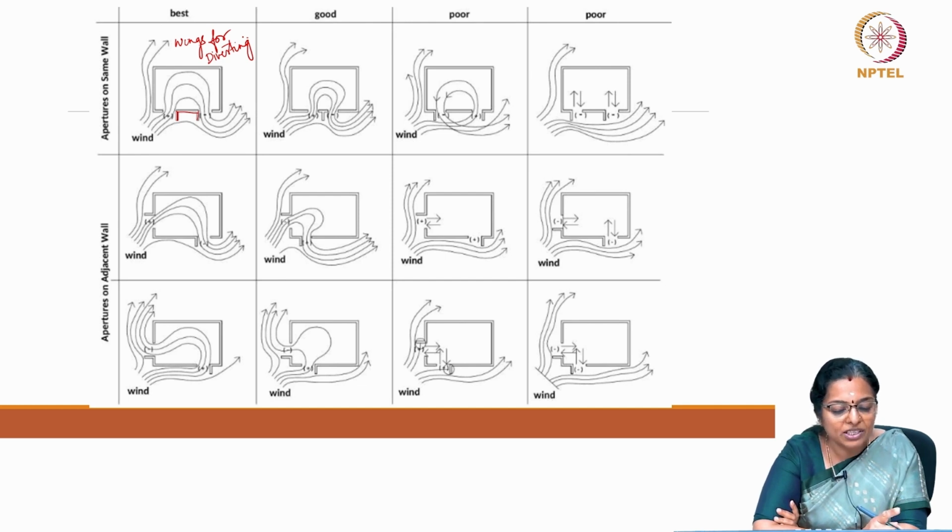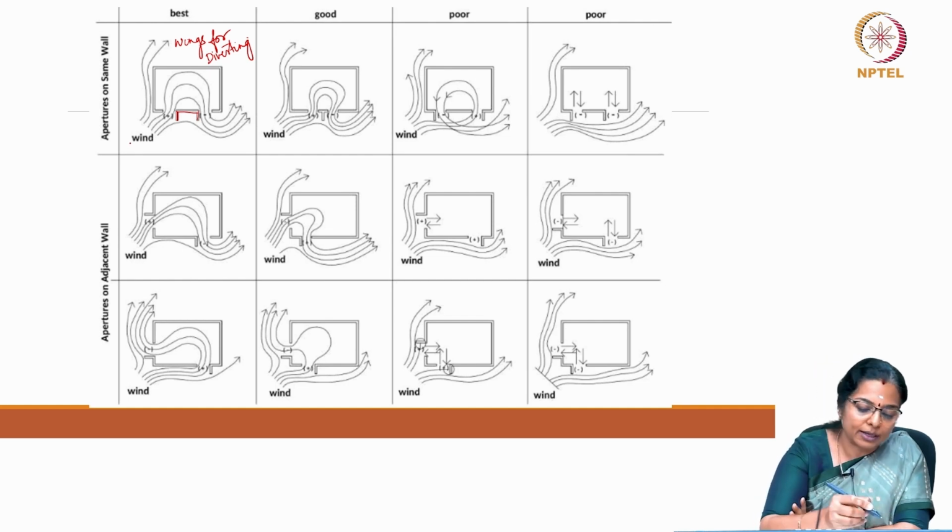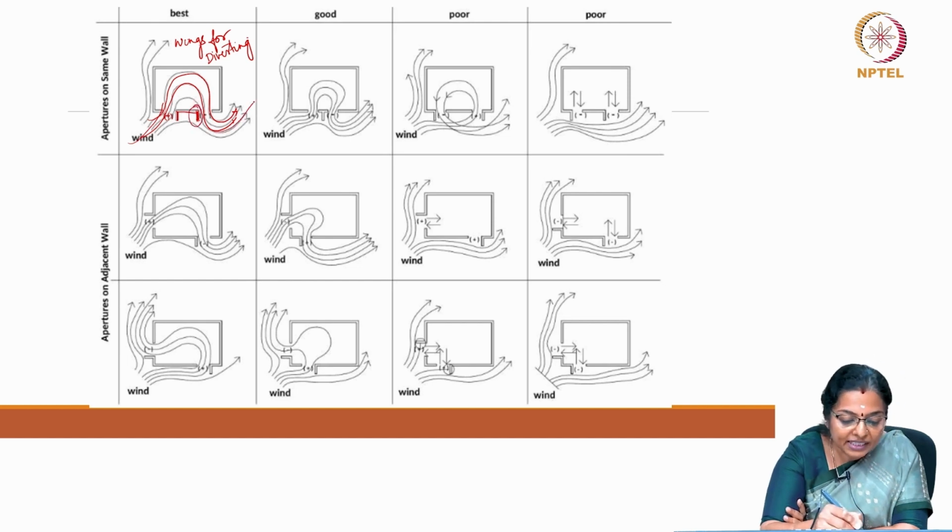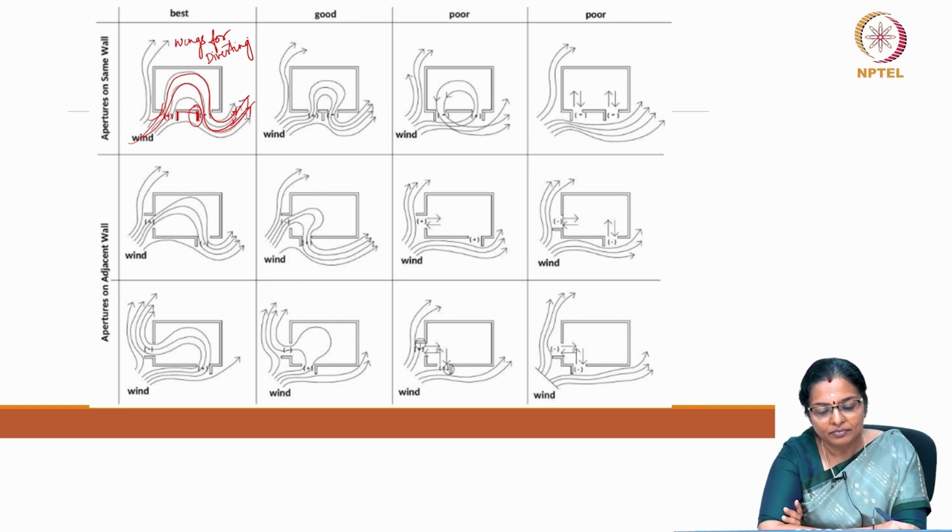If the aperture is only on one wall, we must use wings for diverting, and that diverts the breeze, causing a positive pressure, and the breeze goes out through the other opening. This wing helps in diverting the breeze to go in the other direction.